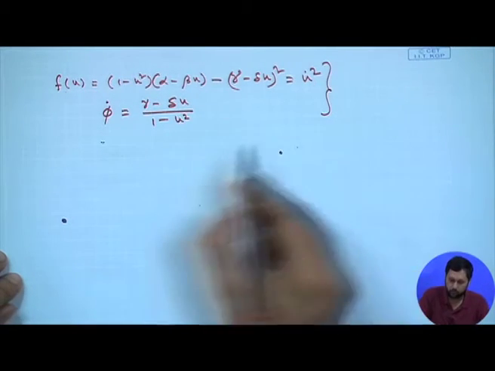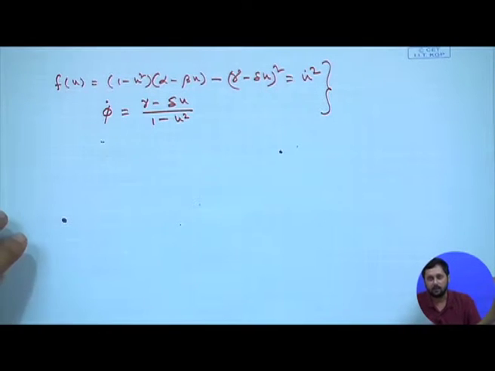So, let us focus on these 2 relations and see how the top motion, that is, the axis of the top or the tip of the axis of the top, behaves in space when we set certain initial conditions in terms of phi dot and theta dot. We set certain sets of initial conditions and see how this motion takes place.